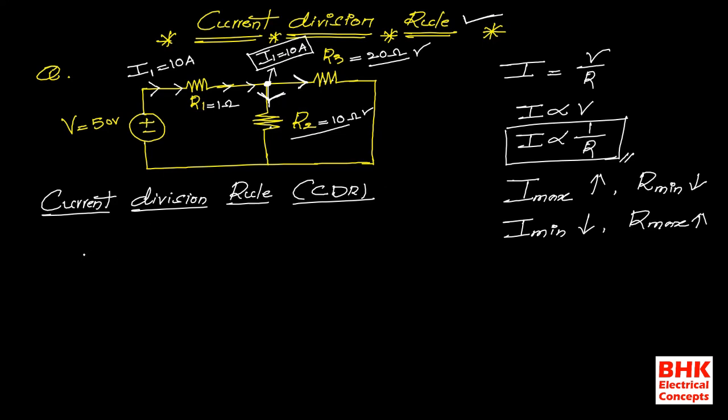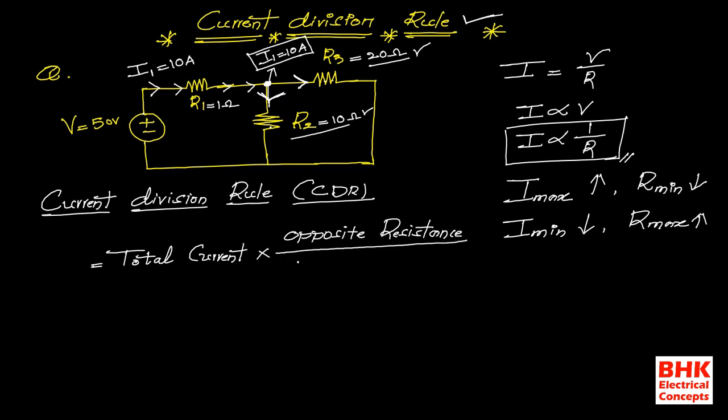Now the current division rule is always given by the formula: total current into opposite resistance divided by total resistance.